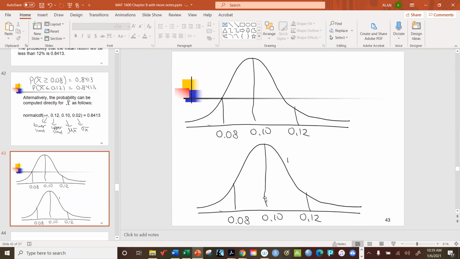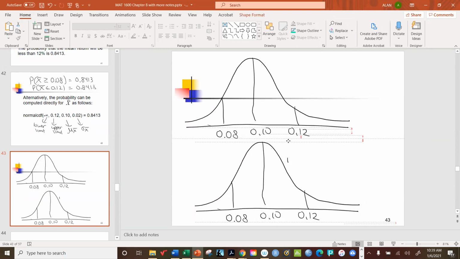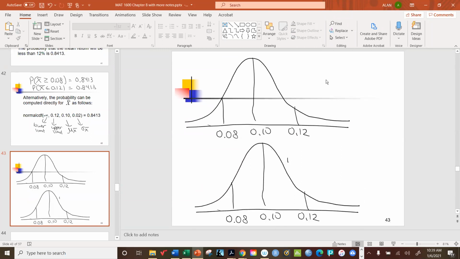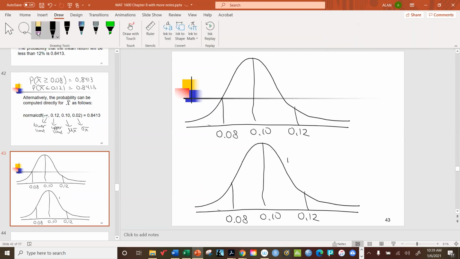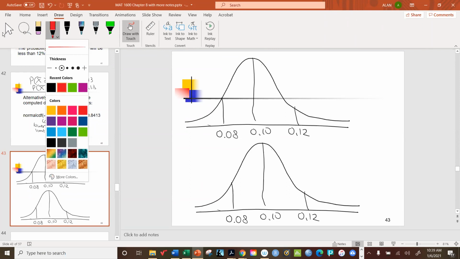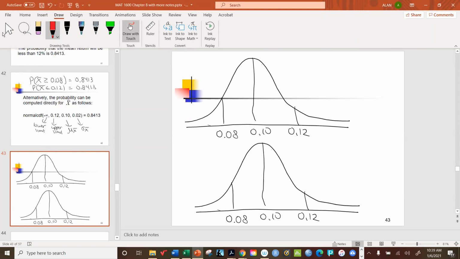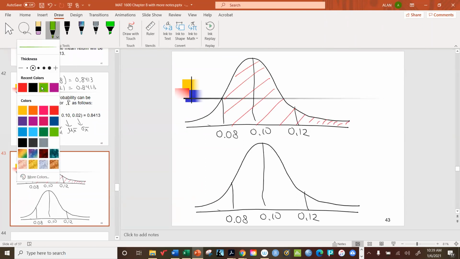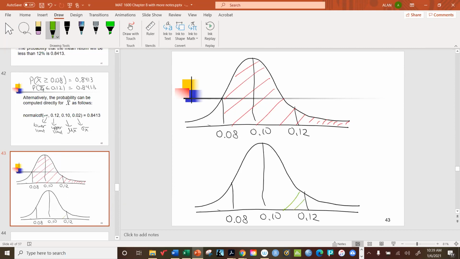All right, so in other words, what I just want to make it clear, even with all these very awkward diagrams, is that the area above 0.08, which I'll express as, let's say, red, is exactly the same as the area below 12.